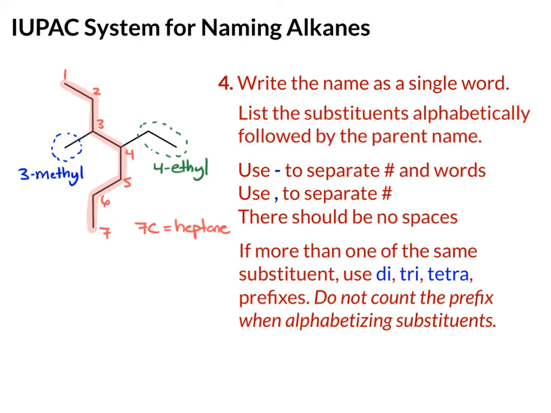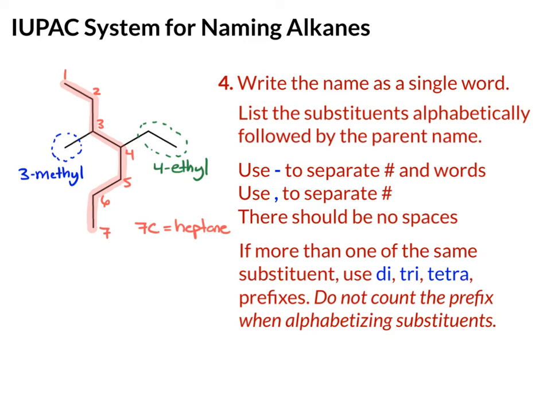A couple guidelines on putting a name together. If you're separating a number and a word, we use hyphens. So that's what we did, like between the 4 and the E in ethyl, or the 3 and M in methyl, we separated those by hyphens. If you're writing 2 numbers, we use commas to separate those, and we'll see that in some other examples.